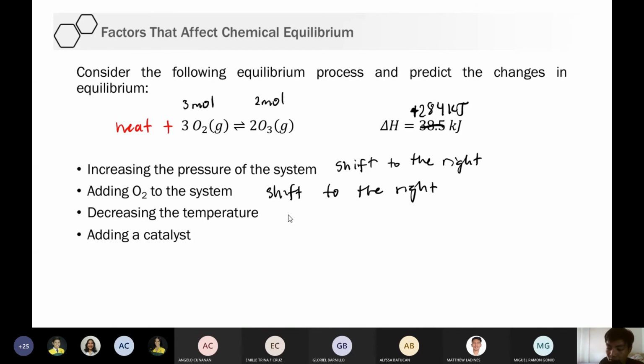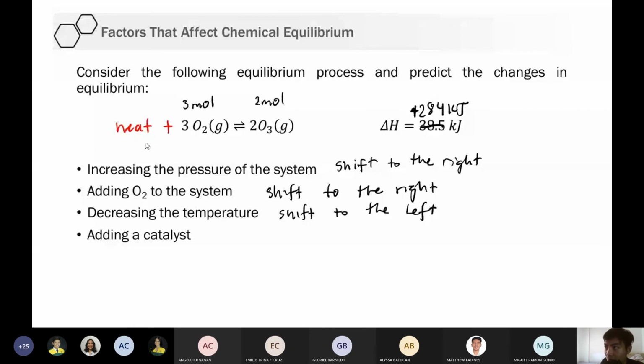So that means the equilibrium will be shifted to the left. Okay? So kasi mas onti yung nasa left mo kaysa sa nasa right mo. So mangyayari, in order to balance them out, some of the chemicals on the right side will be shifted to the left. Okay, bakit nga ba bumaba yung nasa left? Kasi binabaan mo yung temperature. Imagine your heat as concentration. Para mas madali siya ma-imagine.